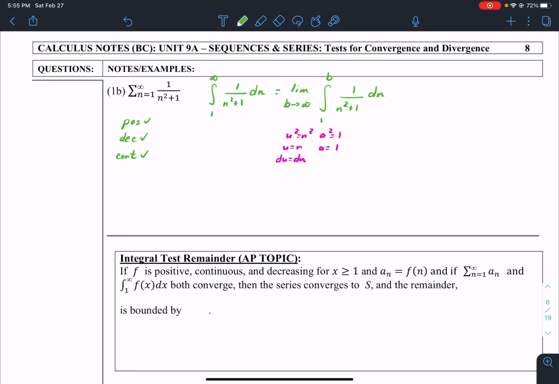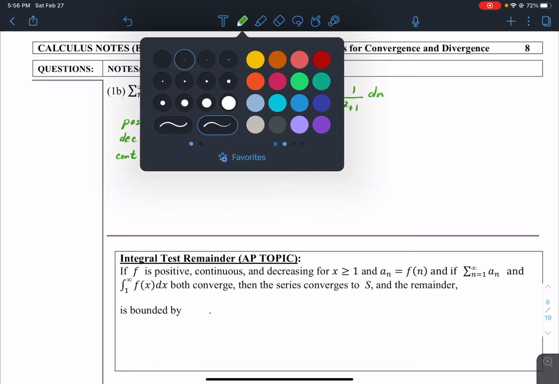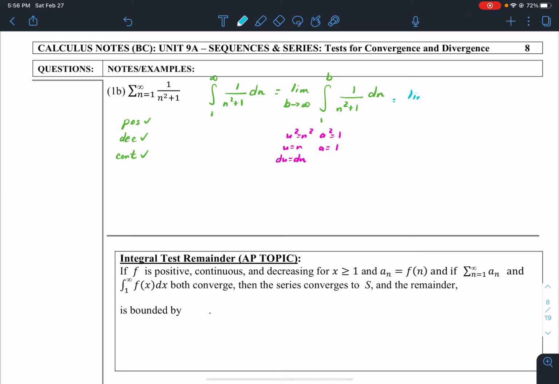So I'm going to keep this limit here. The limit as b approaches infinity, and you have arctan. You can use tangent of -1 if you want to. It's supposed to be 1 over a here, but 1 over a is just 1 over 1, so I don't have to have that. And then u over a is going to be n over 1.